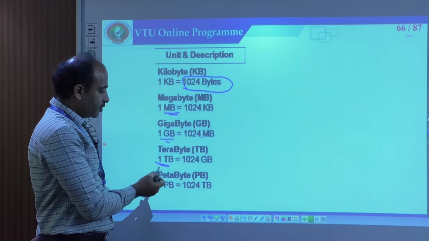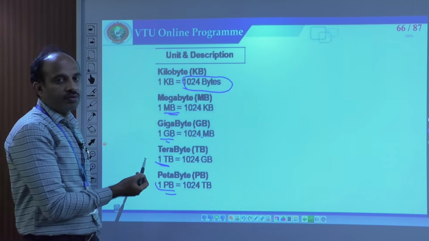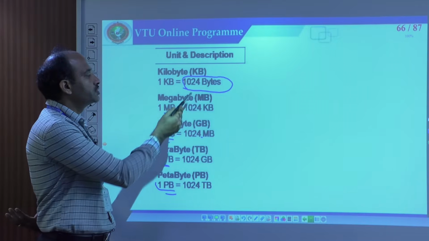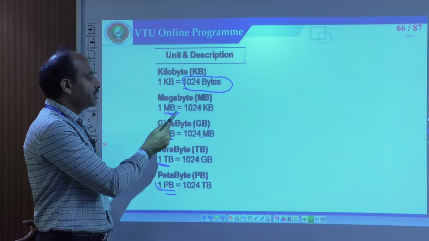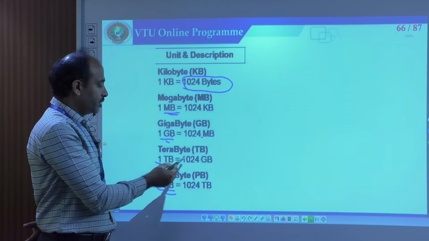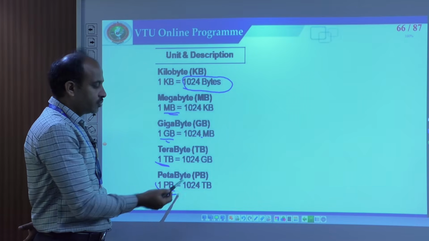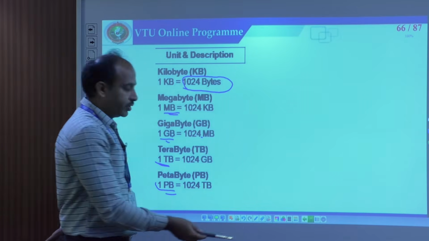Thousands of terabytes will form the petabyte. So, these are some of the units and descriptions. 1 KB is equal to 1024 bytes, 1 MB is 1024 KB, 1 GB is equal to 1024 MB, 1 TB is 1024 GB, 1 petabyte equals 1024 TB.